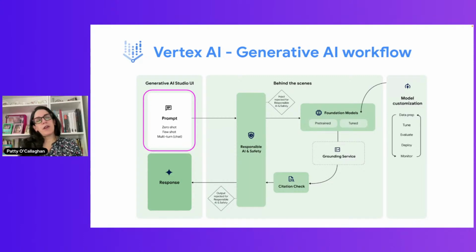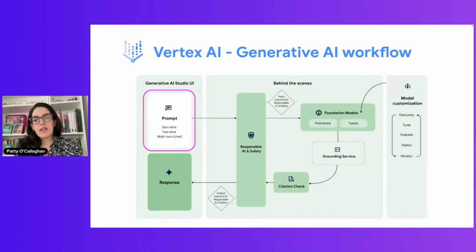For example, you might hear about zero shot, where you give an example to the prompt and to the LLM, so it knows how it should return, or what type of answer you're expecting back.